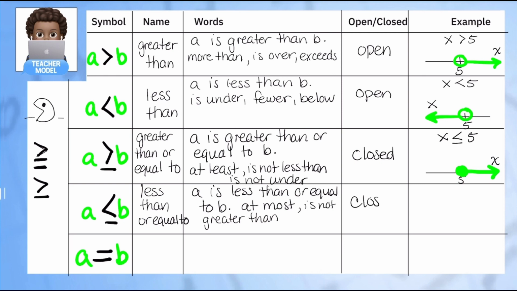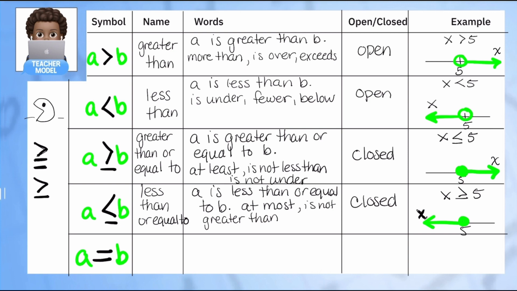It's also going to be closed. I'd have a number line, I have 5, and I want all the numbers that are less than 5 to the left side. So I would make a circle at 5, and I would want every number to the left. That means you can include 5. So at most is 5 and everything less than. That's what I like about using terms like at most, at least. You're going to see those all the time.